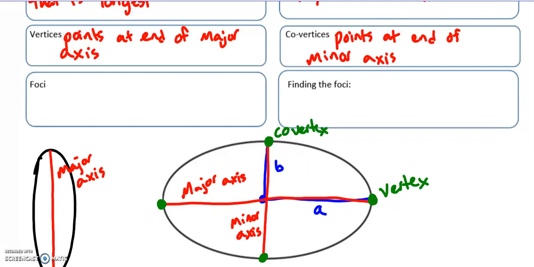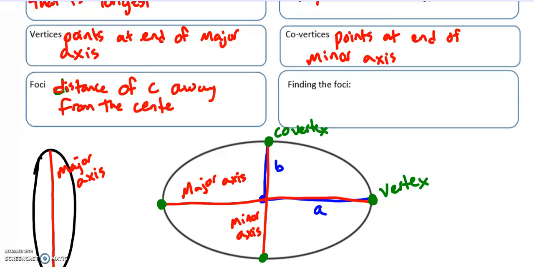So in order to actually find the foci, because they're what we use to construct it, the foci are a distance of C away from the center on the major axis.